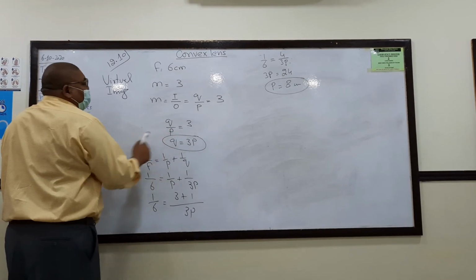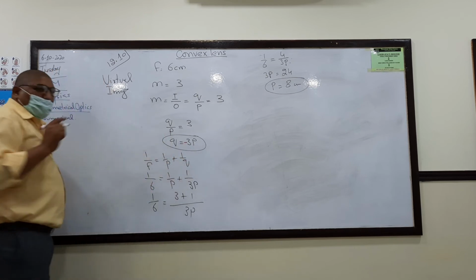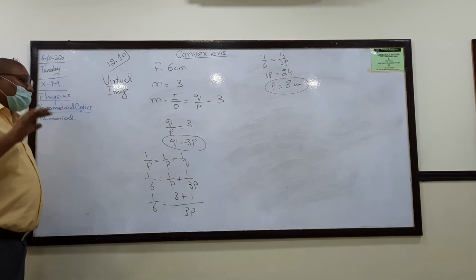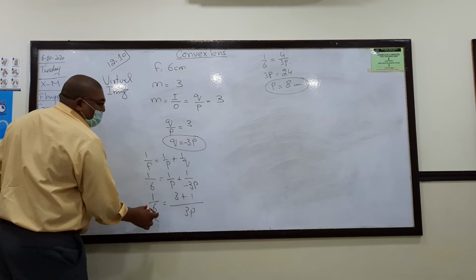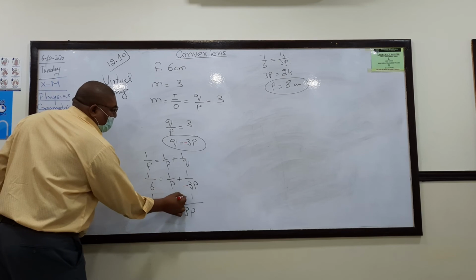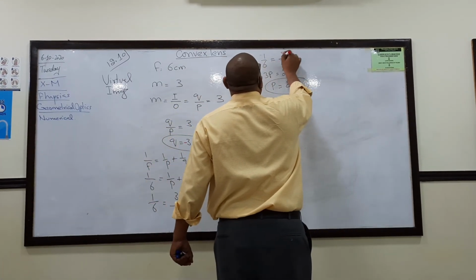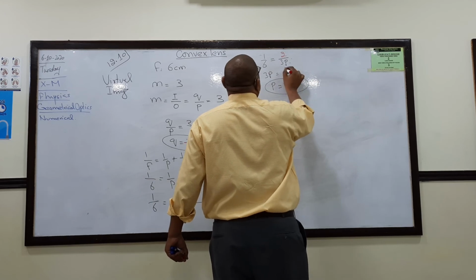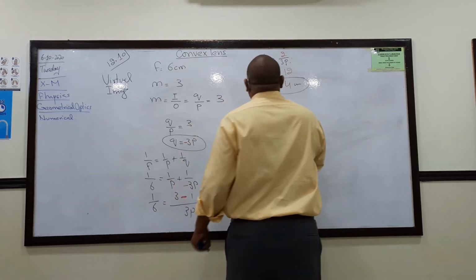So when you do this here, put a negative with it. Why are you putting a negative with it? Because it's a virtual image. So it's a minus here. So this thing will become negative. So it will here be 2. So it will be 6 to the 12 and 3, 4 centimeter.